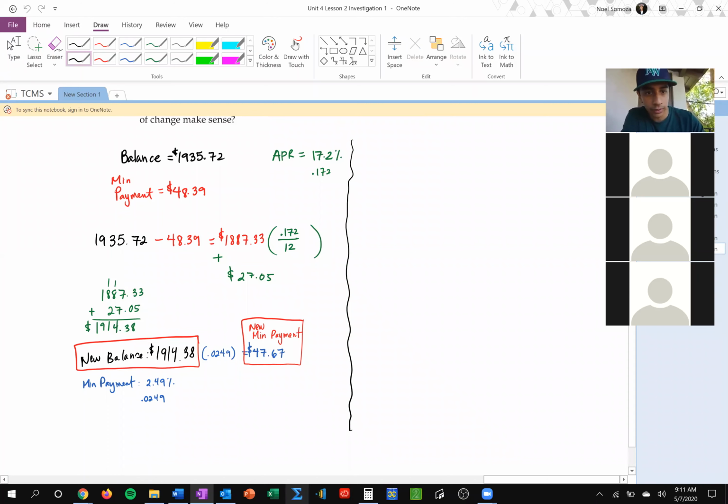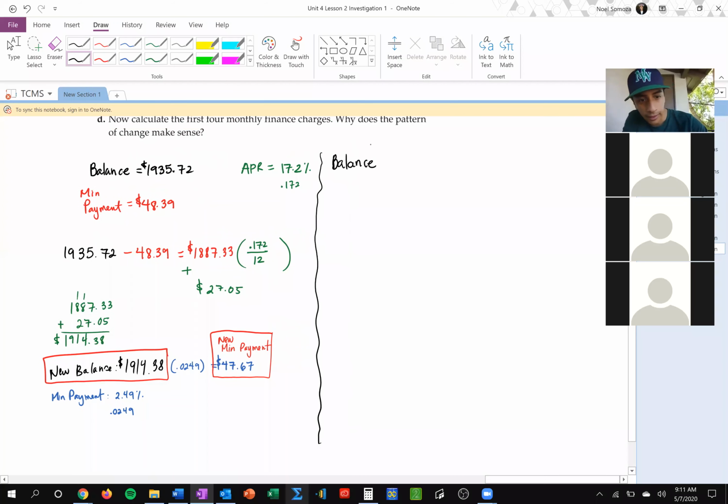All right, so now we start with a balance of 1914 with 38 cents and a minimum payment of 47.67.